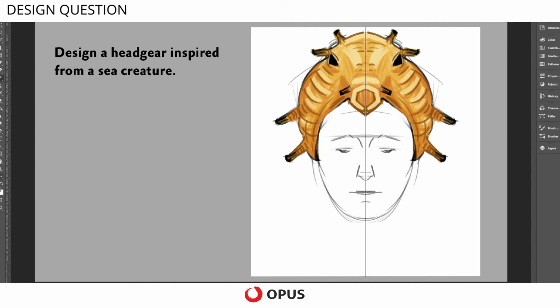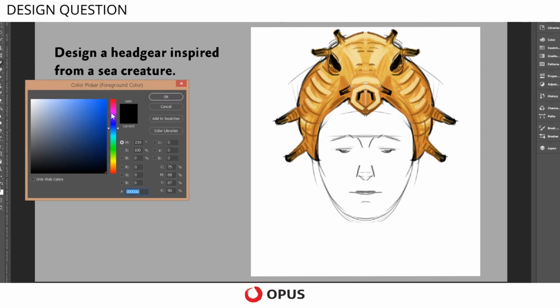After that, you can make certain interesting eyes and the nose structure, and then you can add certain colors which we see in their body sometimes.